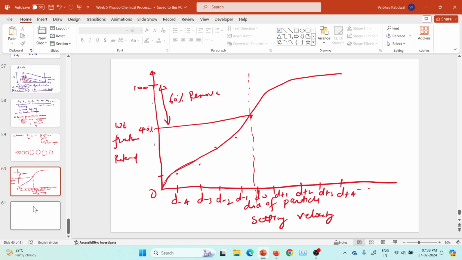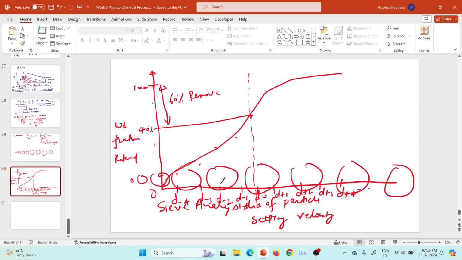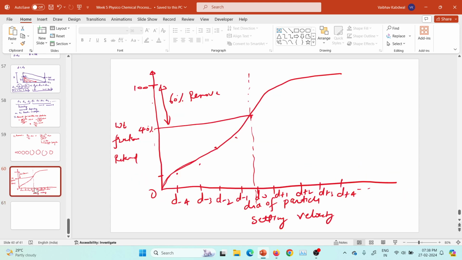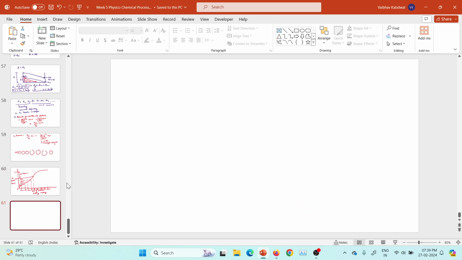So this we will calculate using this formula. Let's say this is delta x1, delta x2, delta x3, delta x4. Like that we'll calculate.